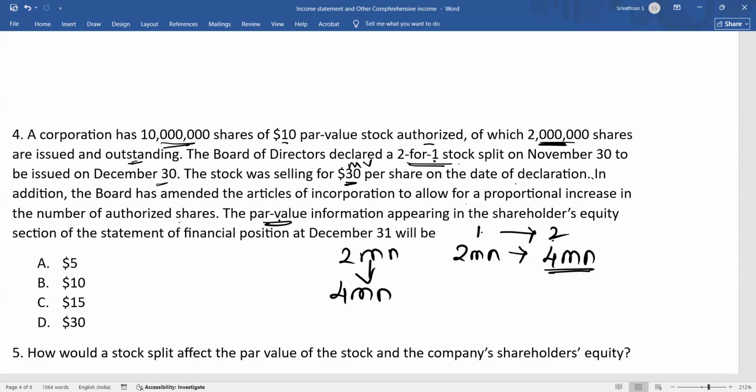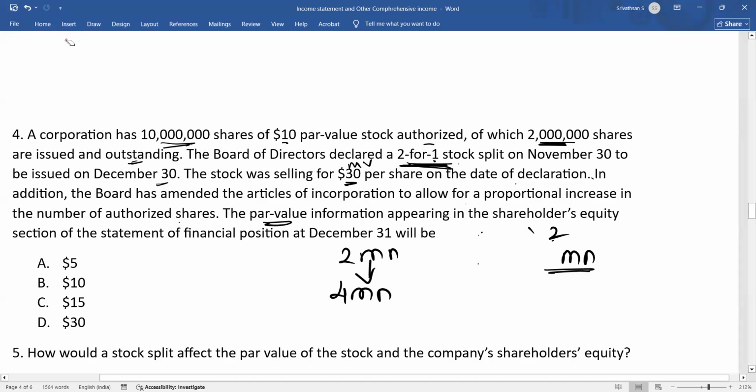After the stock split, 4 million shares are going to be the number of outstanding shares. So we discussed 2 points for stock split so far. First point, there is no journal entry for a stock split. Second point, 2-for-1 stock split means for every 1 share held, the company is going to pay 2 shares. Then for 2 million shares, the company is going to give 4 million shares to the equity shareholders.